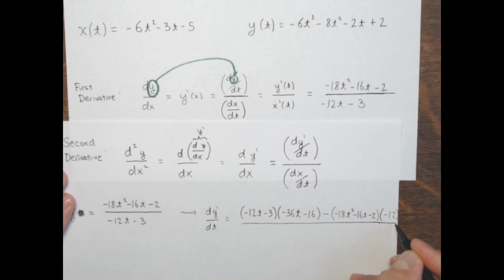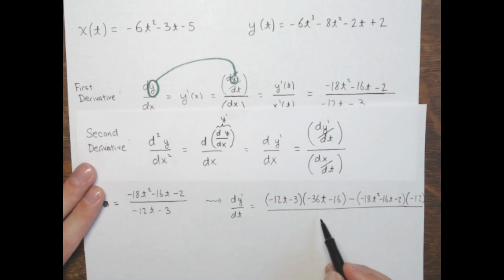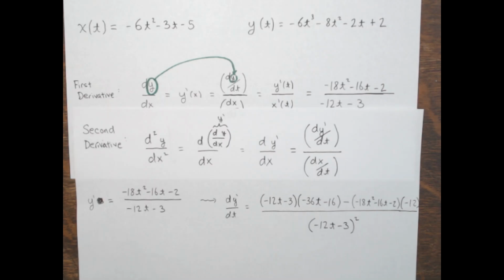And then all of that divided by the denominator, so negative 12t minus 3 squared. Right. So low d high minus high d low over low low. However you want to remember that quotient rule.